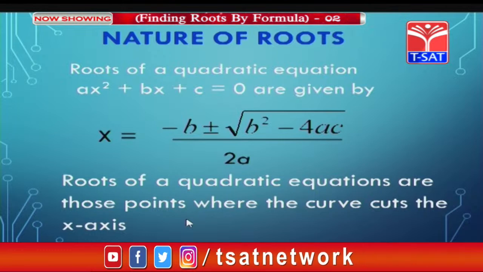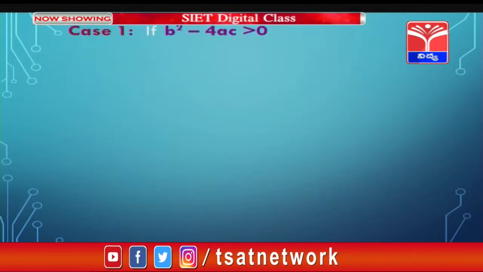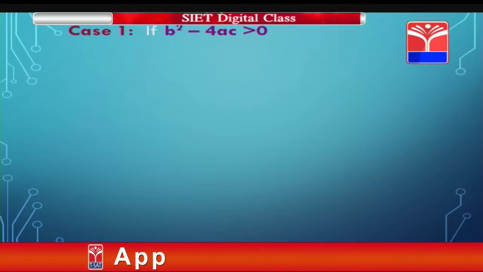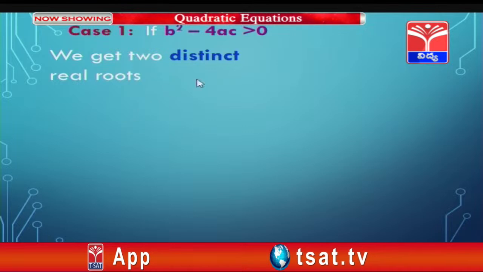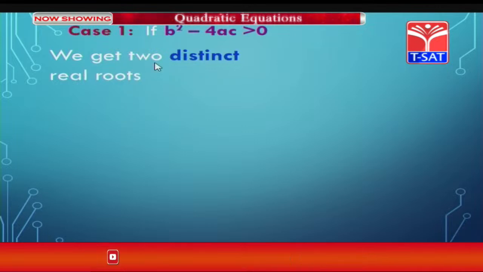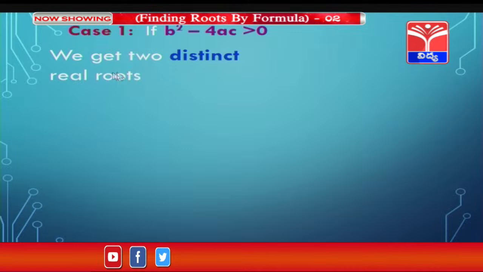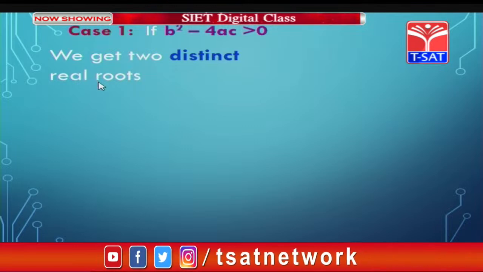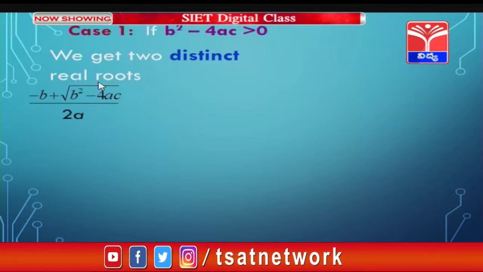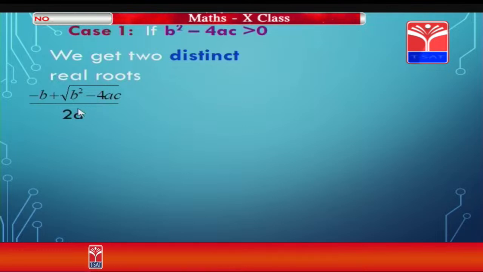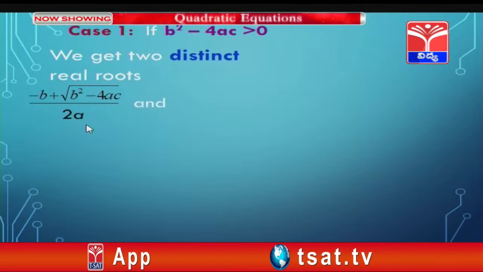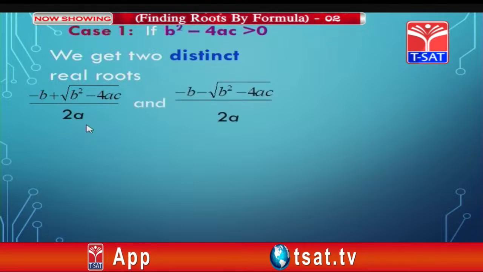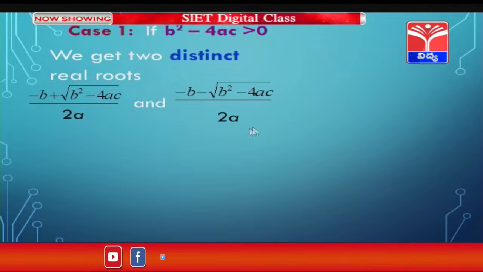Now, let us see the cases related to it. In case 1, when b square minus 4ac is greater than 0, then we get two distinct real roots. Two distinct means different. And the roots would be minus b plus or minus under root b square minus 4ac by 2a, that is, minus b plus under root b square minus 4ac by 2a and minus b minus under root b square minus 4ac by 2a.